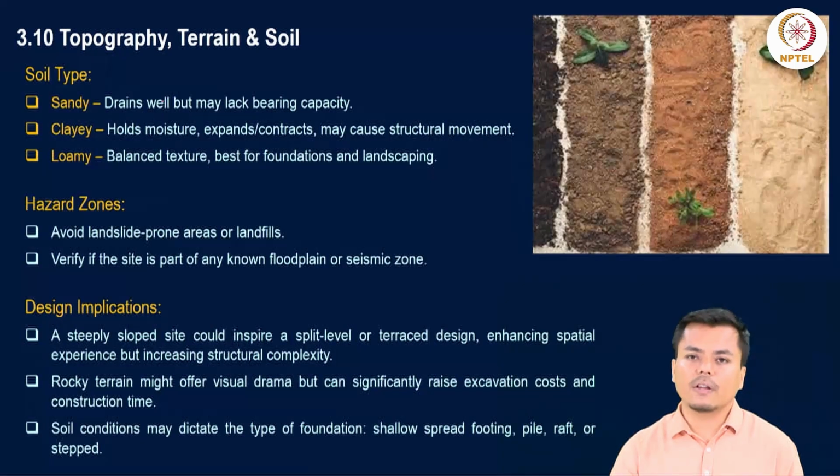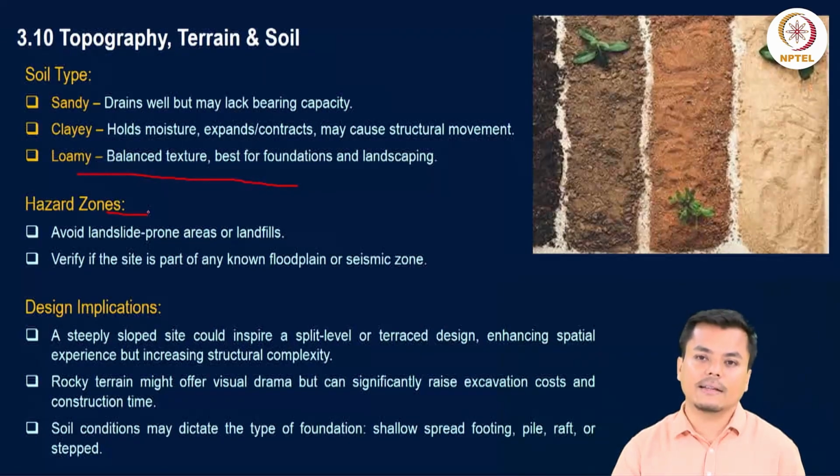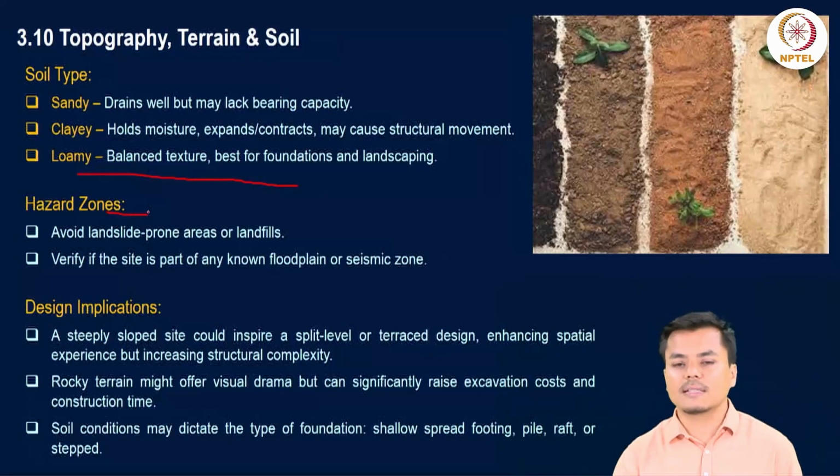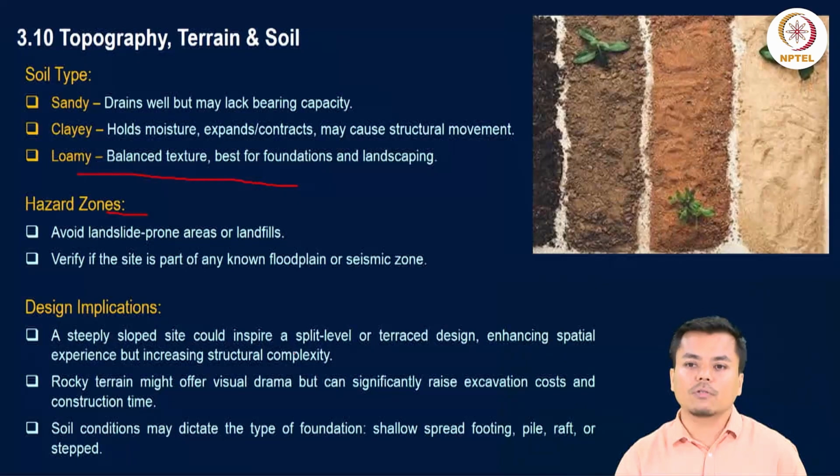Then there are different soil types like sandy, clay, loamy. Based on that, the foundation and the structure detailing is done. Hazard zone: based on the earthquake level or the landslide proneness towards these natural disasters, you also assess the suitability of the site. So design implications in this case include that a steeply sloped site could inspire a split level or terrace design.